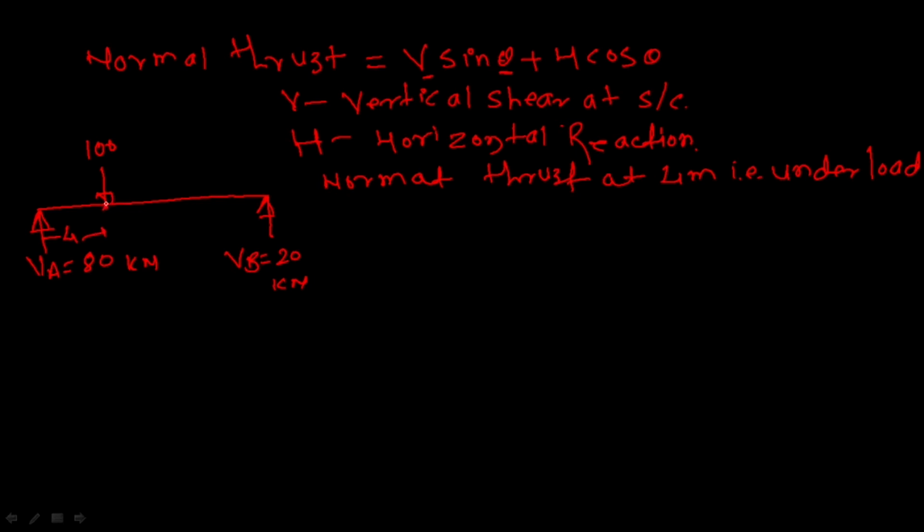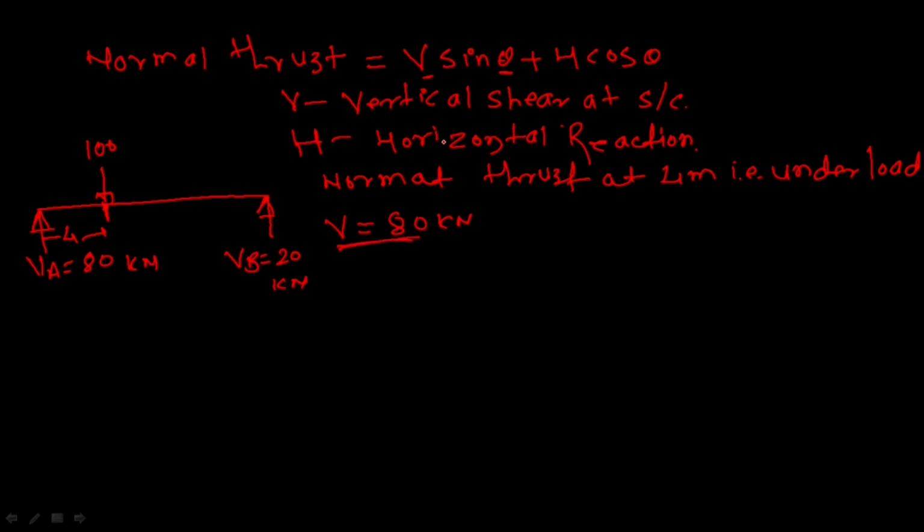Now the shear force at this location, from the left side, V is automatically 80 kilonewton. Only one shear force is on the left hand side, that is the 80 kilonewton. So we got the value of V.